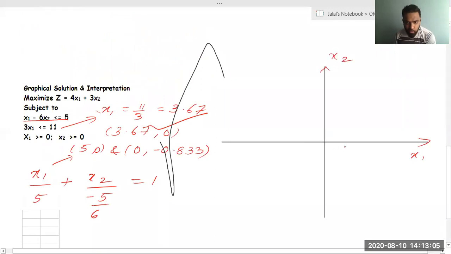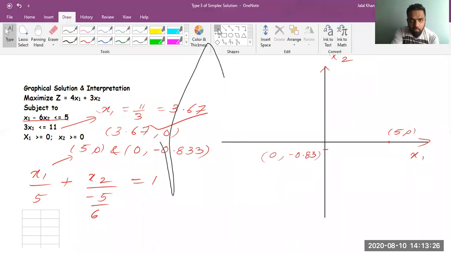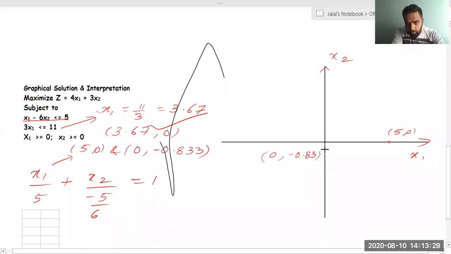The first coordinate is 5 comma 0, and this is 0 comma minus 0.83. I'll take a line and draw one line from here. Okay, I've just drawn the line.